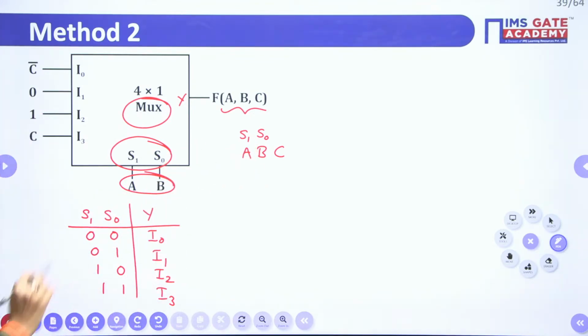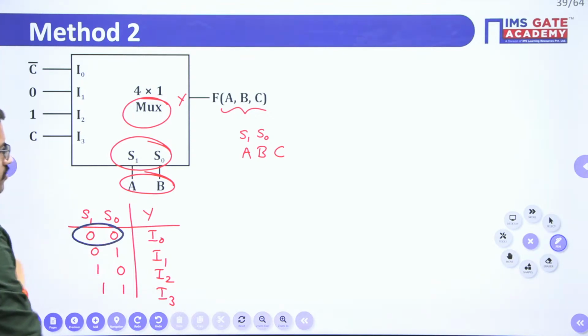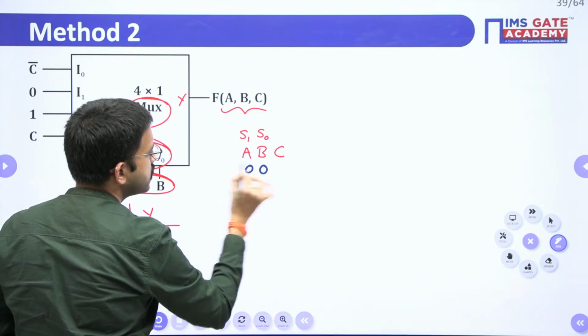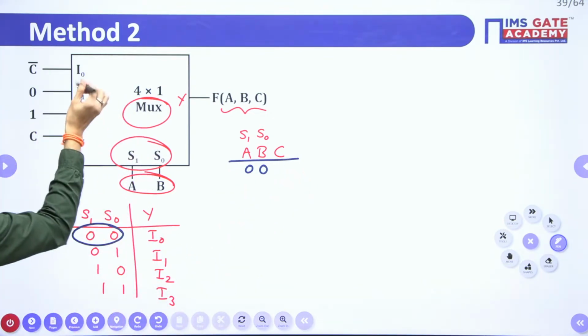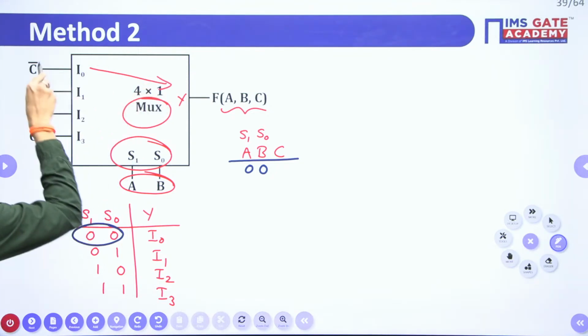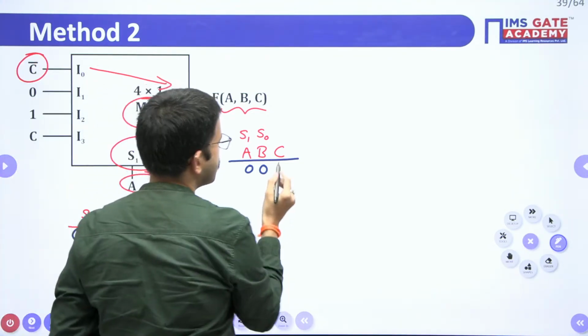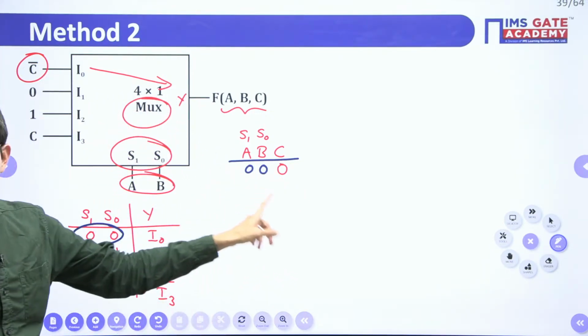Now, with respect to the mux functionality, let us consider one by one. For the 0-0 combination, when you have considered the selection lines as 0-0, I0 will be connected. What is your I0? I0 is C bar. C bar means the C value is 0.